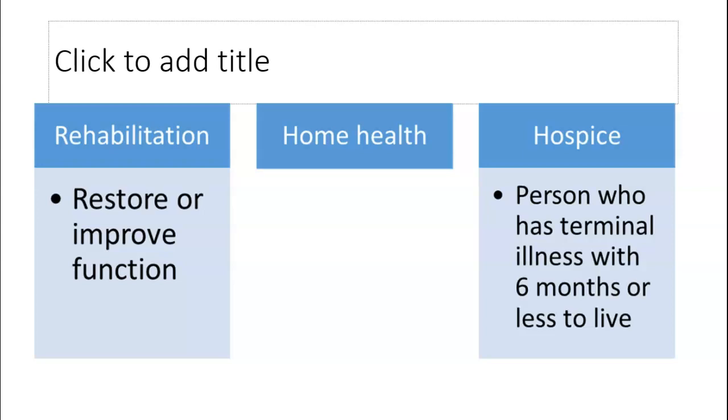Rehabilitation can be anything from an accident, an injury, amputation, a heart attack, and you're regaining strength and stamina to be able to go home. So it varies. It's not just the broken hips of the world. Home health is when somebody comes into the home and provides you care within the home setting. And then hospice is for a person who has a terminal illness and it's been determined that they have 6 months or less to live.